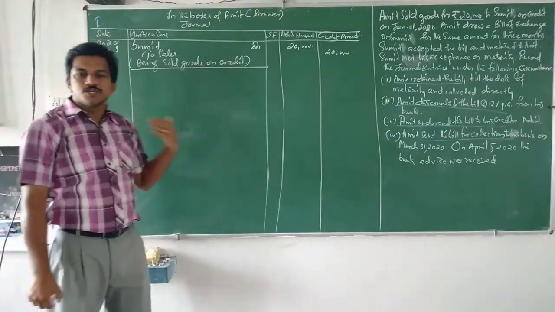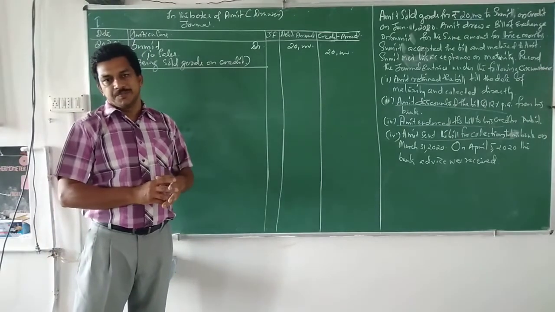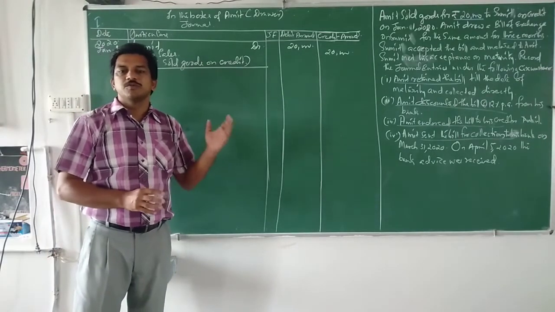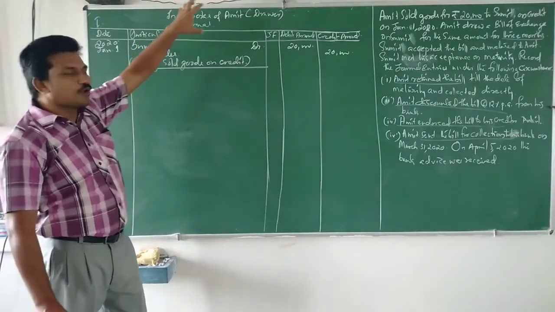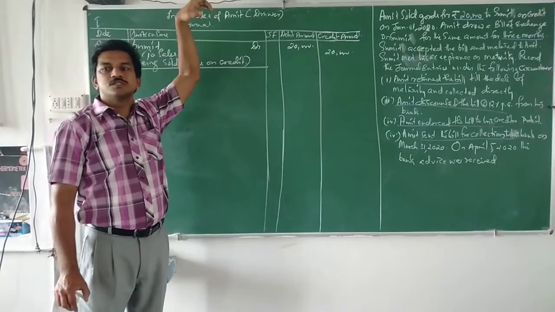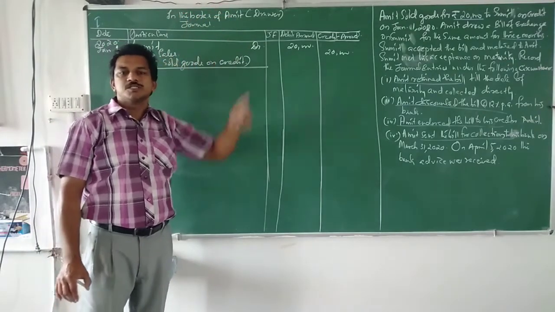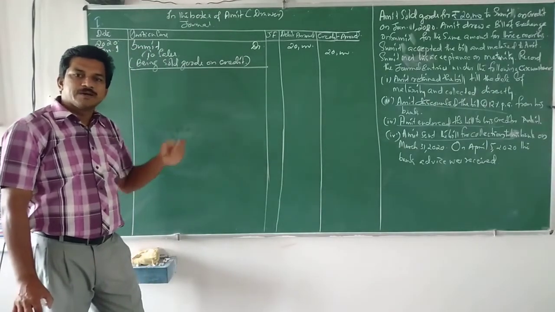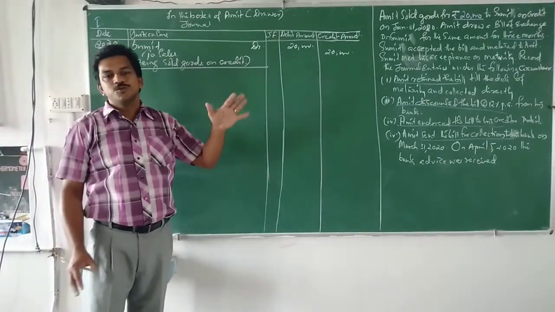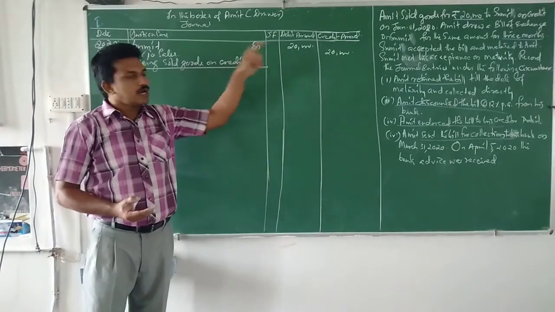Then what is the next journal entry? On accepting the bill or drawing the bill. Isn't it? On drawing the bill, what will be the journal entry? Here in the books of the drawee, the drawee purchases the goods. So the drawee will write purchases debtor to creditor, which means Amit.